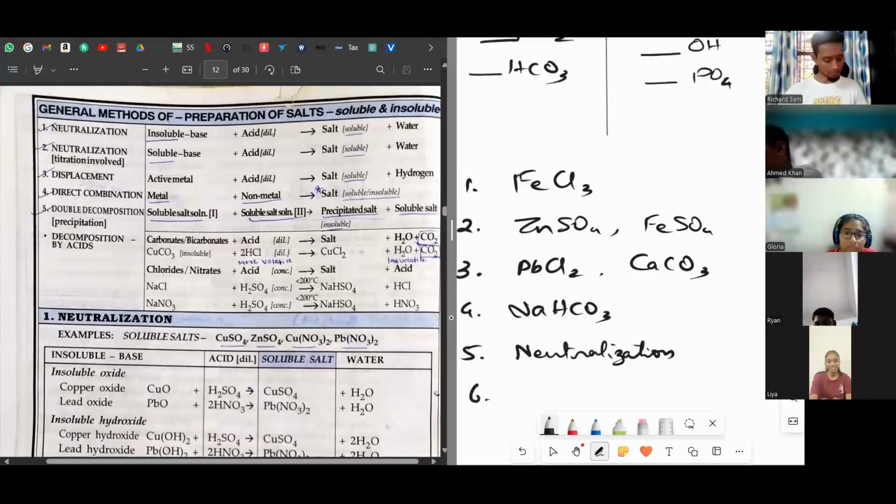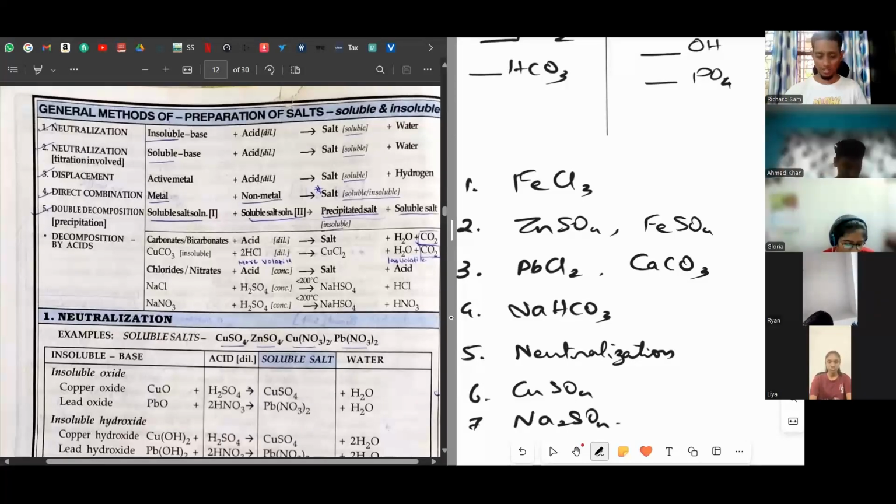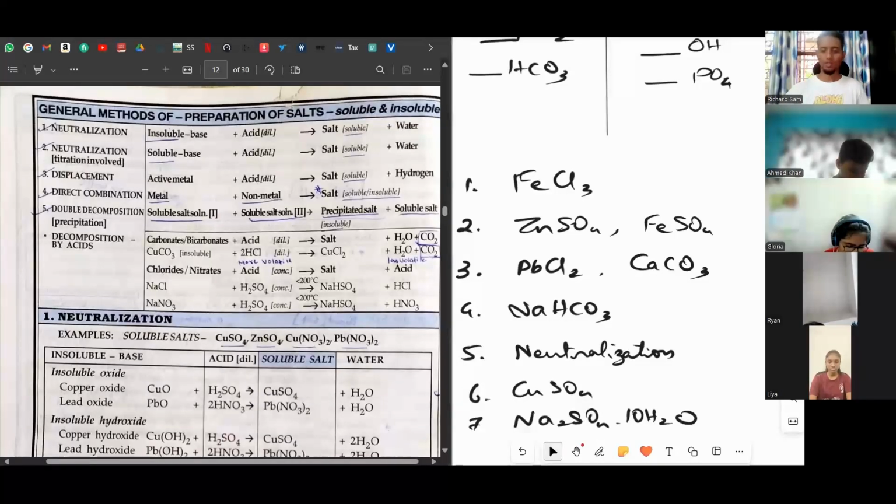Sixth one is copper sulfate, CuSO4. The last one is sodium sulfate crystals. Sodium sulfate is Na2SO4, but crystals means with the water of crystallization. So there are 10 H2Os. Okay, so you have preparation of these 7 salts in this book.